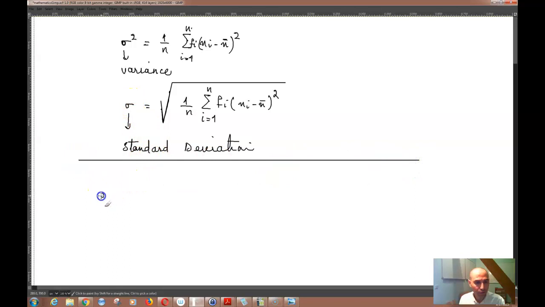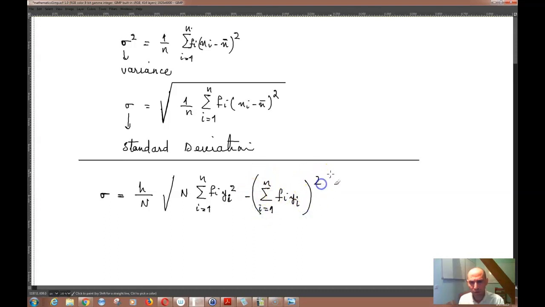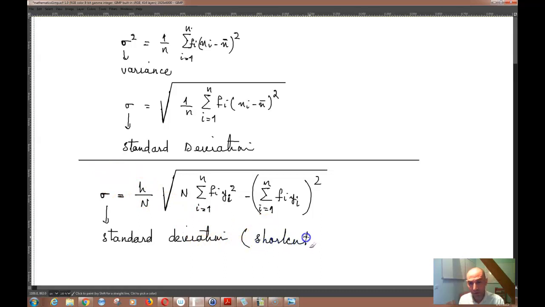We got a formula which was sigma is equal to h over n times the square root of n times sigma f of i y of i squared, as i goes from 1 to n, minus sigma of f of i y of i, as i goes from 1 to n whole squared, and then you take the square root of this whole expression, and that is standard deviation, which is the shortcut method as we talked about it.